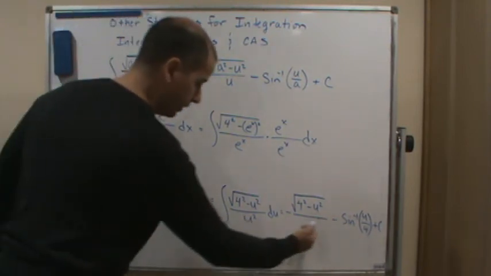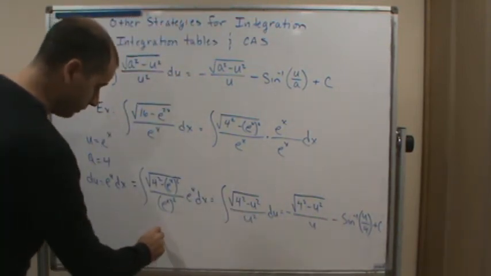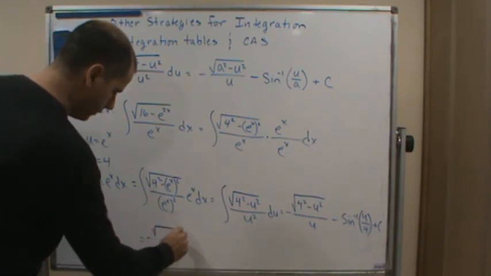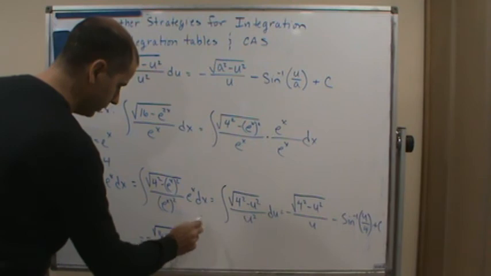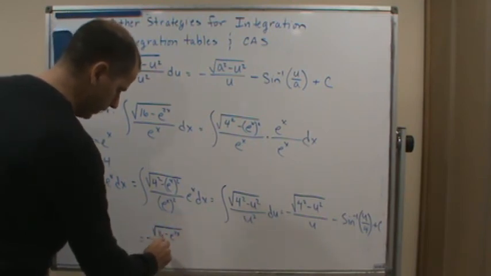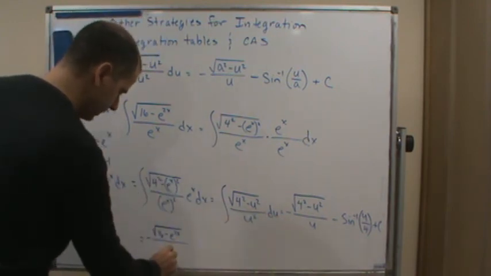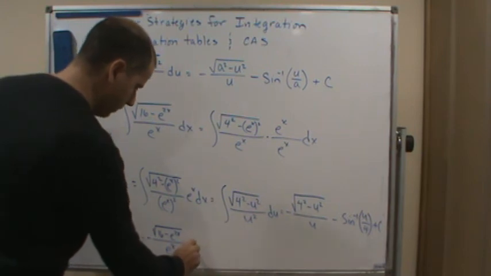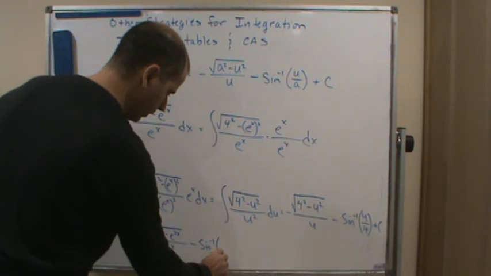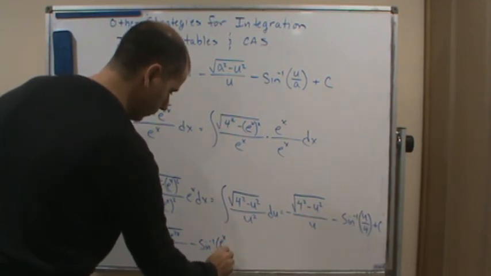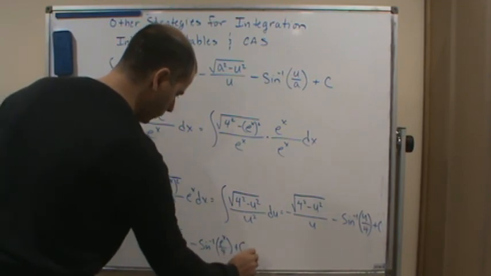But let's go ahead and do this. So it's negative the square root of, 4 squared is 16, so we get 16 minus u squared, which is just e to the 2x, divided by e to the x, minus inverse sine of e to the x over 4, plus c.